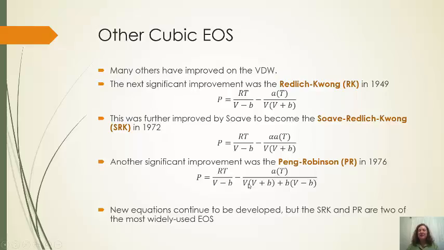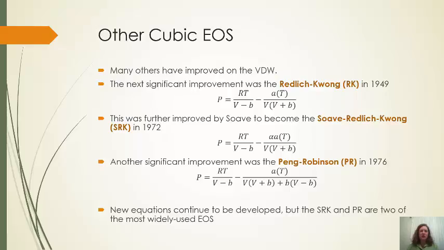You've got an A over T, but instead of V squared, they said that the term for the size of the molecule has a bigger role to play. Now, the Soave-Redlich-Kwong, normally called SRK, and Peng-Robinson, PR, are the 2 most widely used equations of state out there for general purposes.